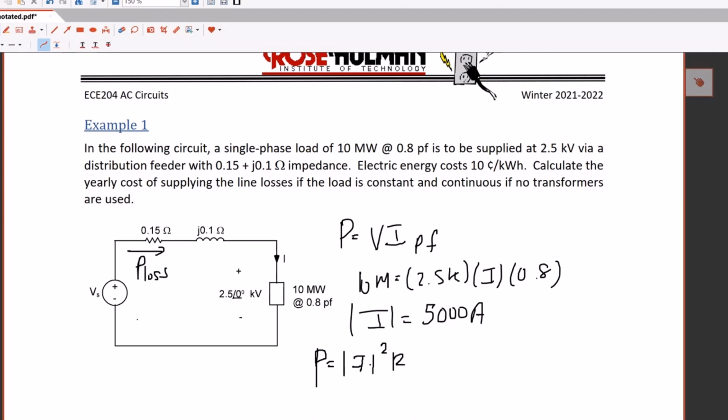I'm just going to write this part really fast. The power loss is going to be I squared R, because remember we lose our average power through resistance. So it's 5,000 squared times 0.15. 5,000 squared times 0.15 is 3,750 kilowatts. Okay.